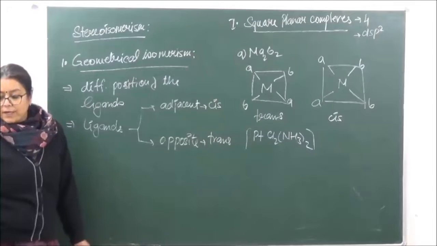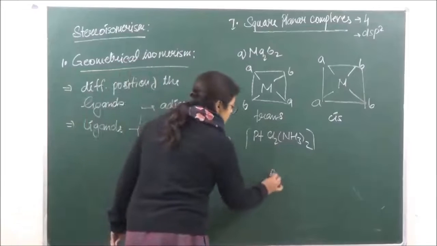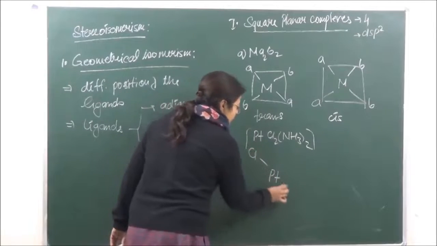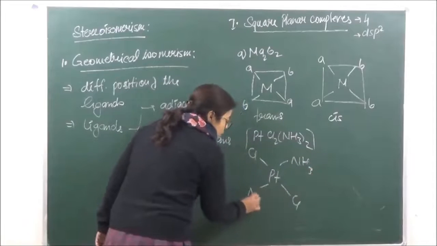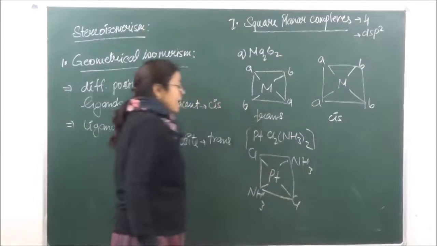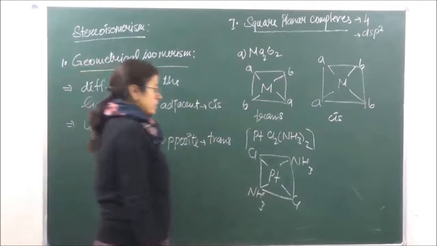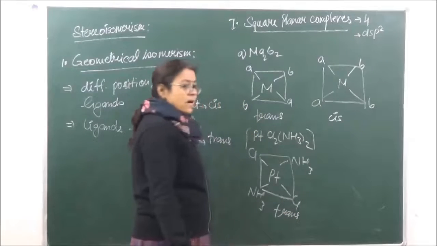Right? Now over here when we are drawing the isomers: platinum, chlorine, chlorine, ammonia and ammonia. As the chlorines are opposite to each other, therefore this is going to be trans.